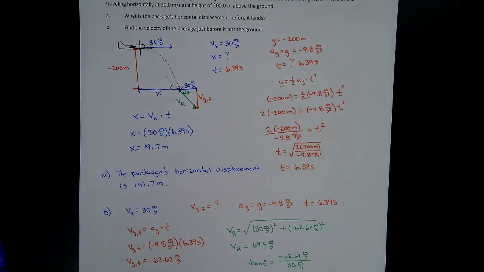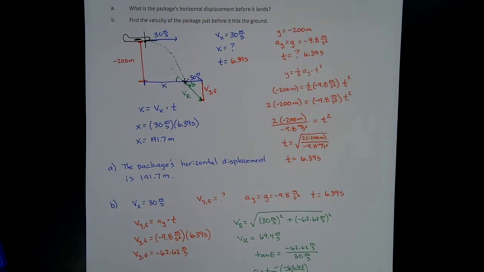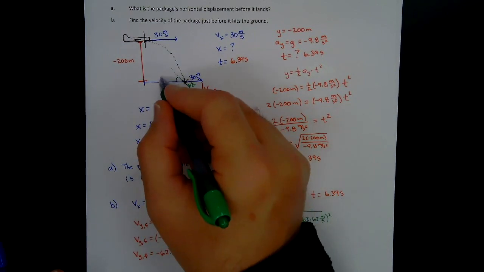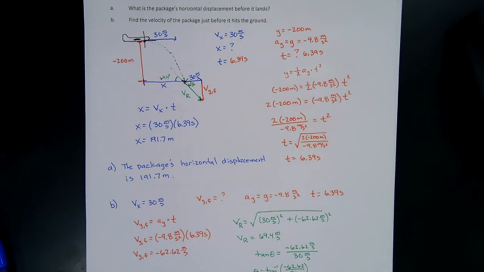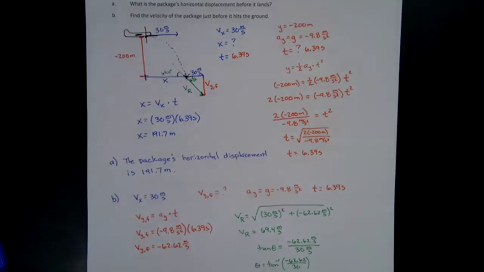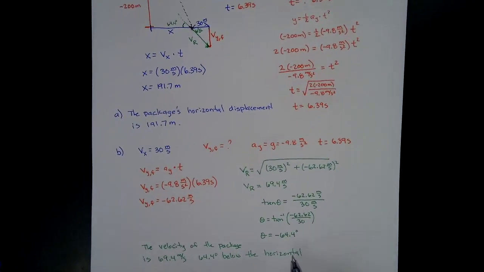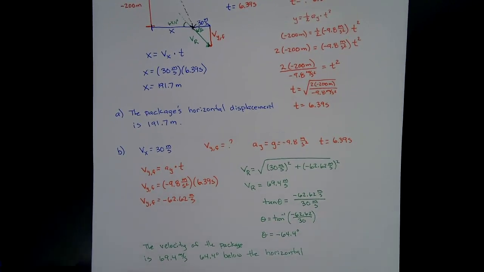It's going in at an angle of 64.4 degrees. That doesn't have to do with direction, that's just size. So it's coming in at an angle to the ground of 64.4 degrees, and at a speed of 69.4 meters per second when it hits the ground.